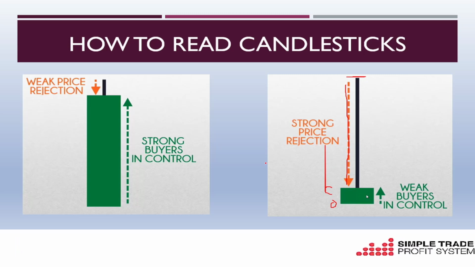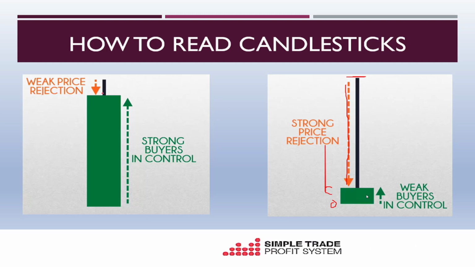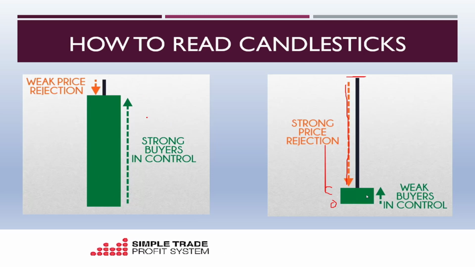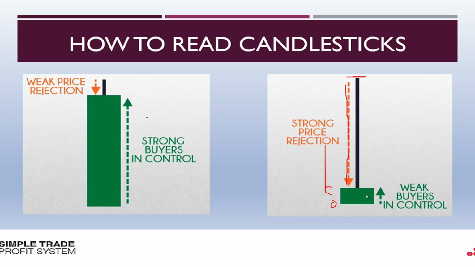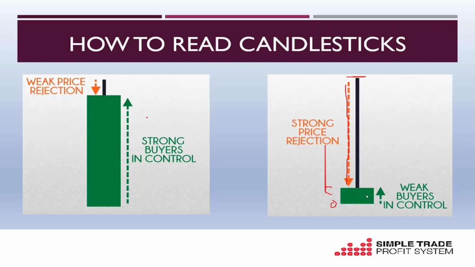So it's important to first understand what the candle is telling you. I'm not going to get into all the trading portions of how to use these in your trading strategy. I'm going to save that for a future video.